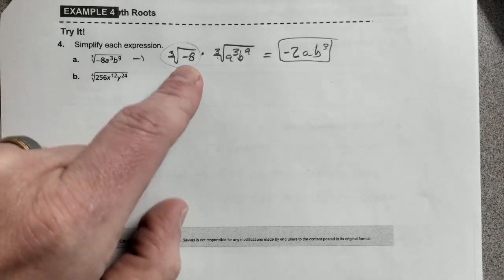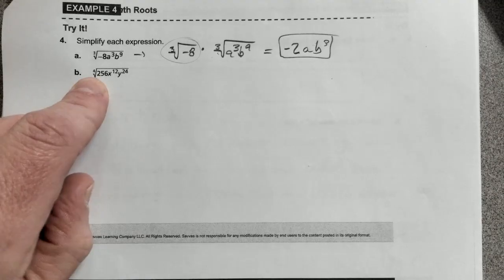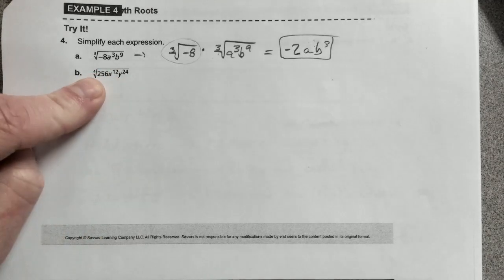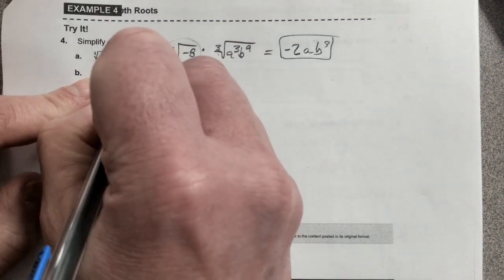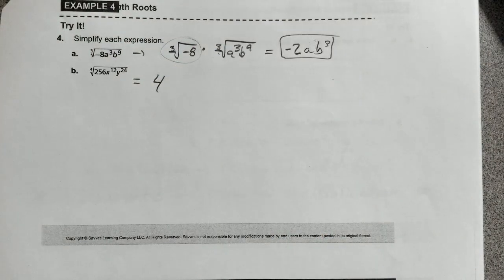I don't even really need to do this step every single time. I can just think about the numbers differently than I think about the variables. So, can anybody tell me the fourth root of 256? 4. Really good job. Well, it can't be that big, right?